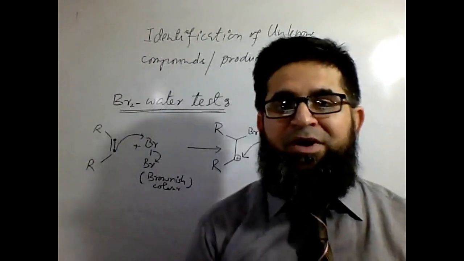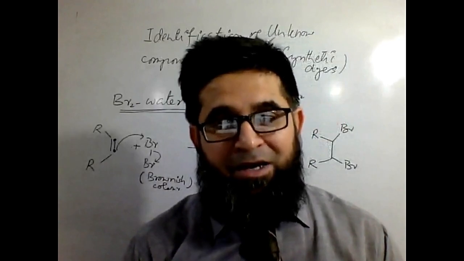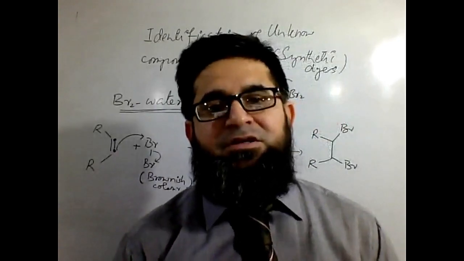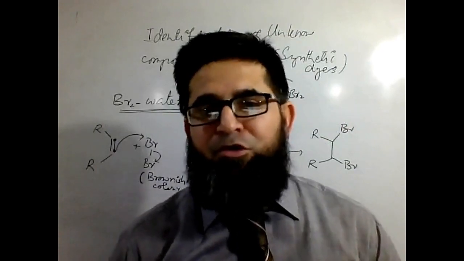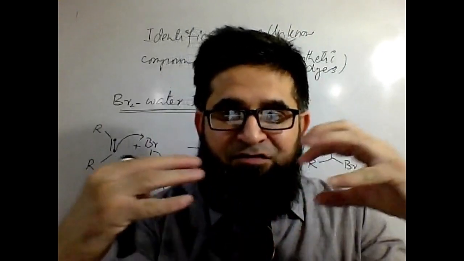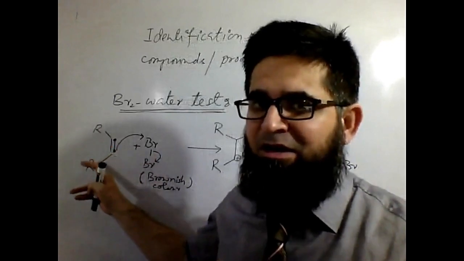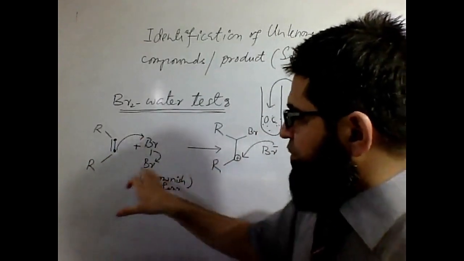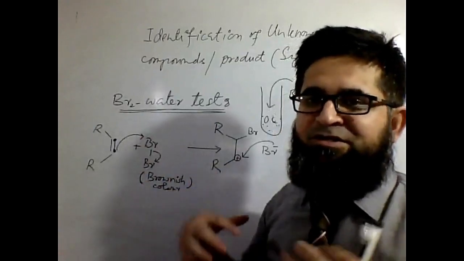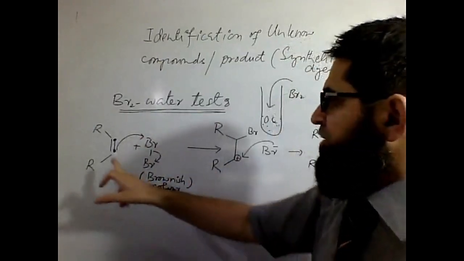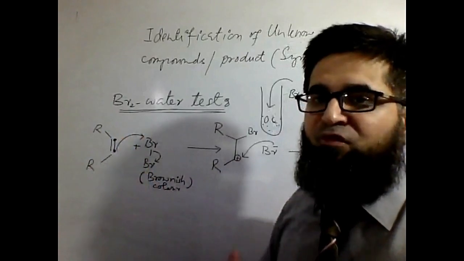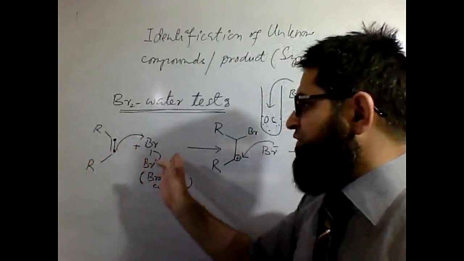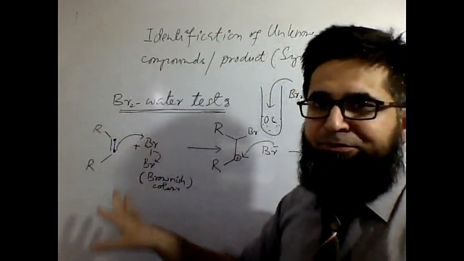It has reacted with that alkene or alkyne molecule. Consequently, its brownish color will disappear, suggesting that the molecule contains a double or triple bond. Why? As it carries a double or triple bond, it would have undergone reaction with Br2.